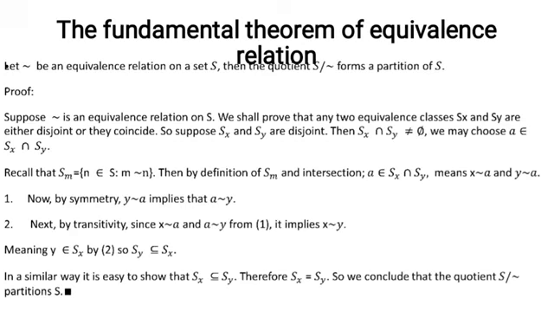It says, suppose that tilde is an equivalence relation on S. So it means that it is reflexive, symmetric, and transitive. Okay, so there are three conditions. If that is satisfied, we shall prove that any two equivalence classes, remember, because it's an equivalence relation and we have this quotient, it has to do with equivalence classes, right?